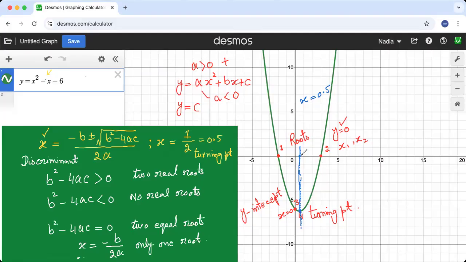So you can also say that this line is the line of symmetry, or axis of symmetry, of this parabola.